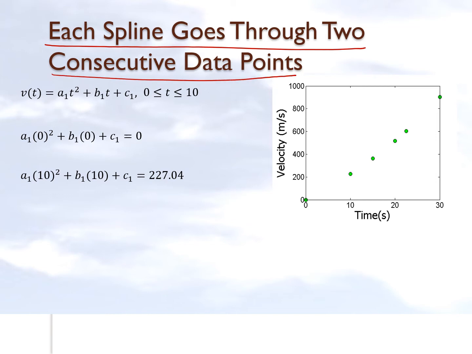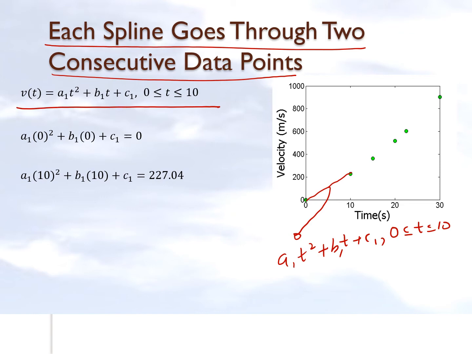So if you look at this particular spline right here, which was termed as a1t squared plus b1t plus c1, and it is from 0 to 10 as mentioned here. This is going through this data point where the velocity is 0, and the same spline is going through this point right here at t equal to 10 where the velocity is 227.04. So that gives us the two equations for saying that each spline is going through two consecutive data points.